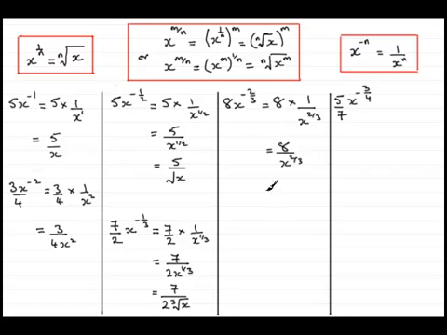Now for something like this, I'm going to use the bottom rule. That is that x to the power m over n is x to the power m to the power 1 over n. In other words, the nth root of x to the power m. So translating that across here, we've got the cube root, because of the 3 in the denominator, of x squared.